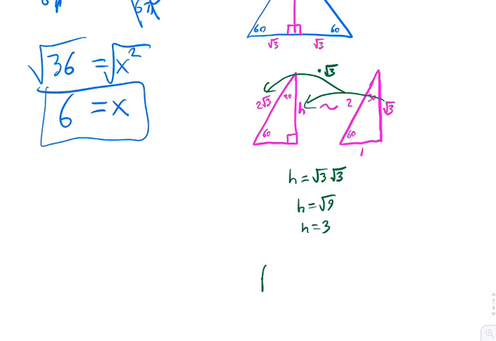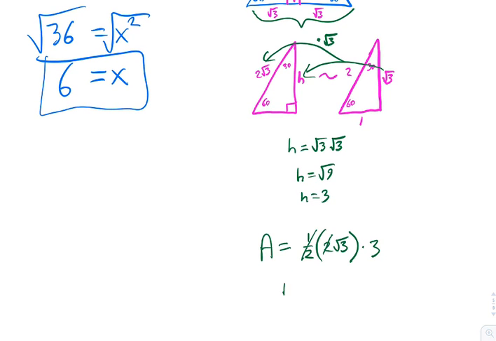So that gives me my area of the triangle is 1/2 base, and the entire base of the triangle is 2 √3s, √3 plus √3, just like x plus x is 2x. So the entire base times the height, which is 3. So the area is 3√3.